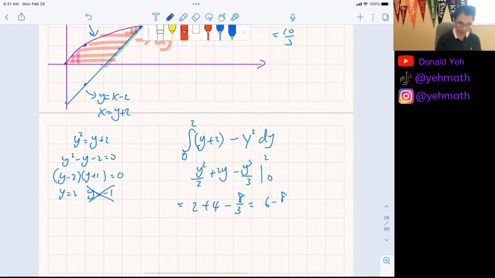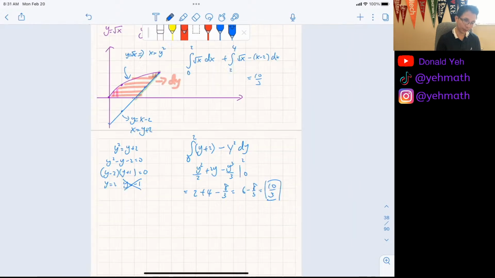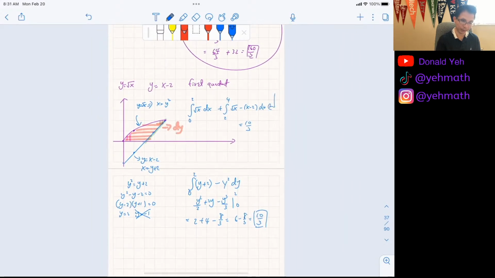So it's 6 minus 8 over 3, which equals 10 over 3. The work is so much easier and cleaner than the other one. Which way is more efficient? This way is definitely more efficient, because the work on the board is way more complex compared to this. If you don't believe me, you can try it.